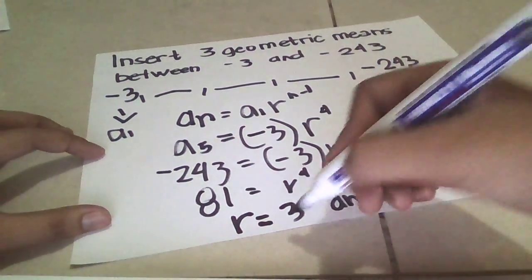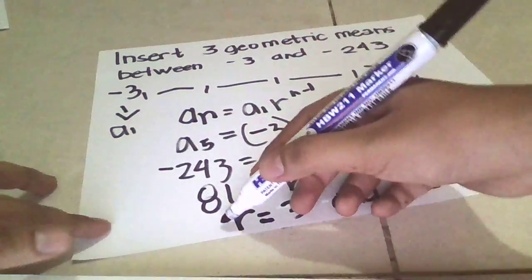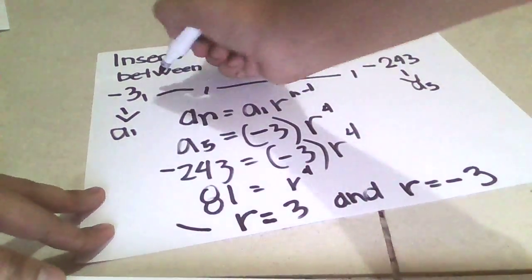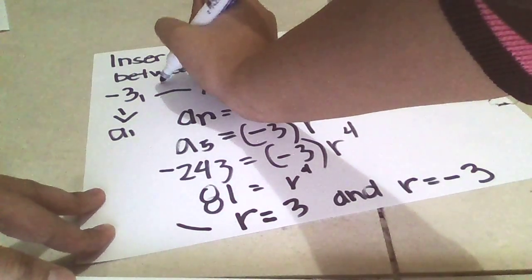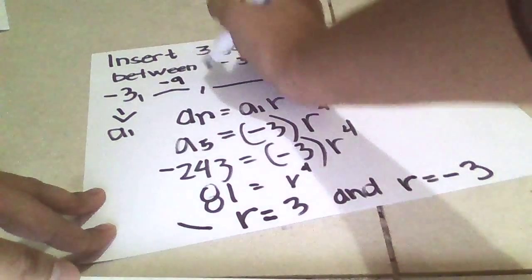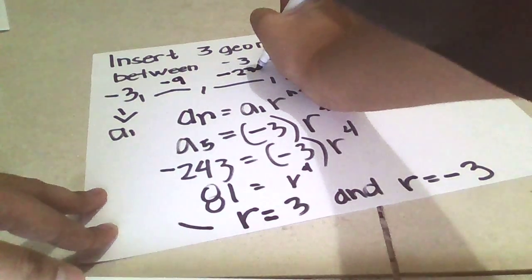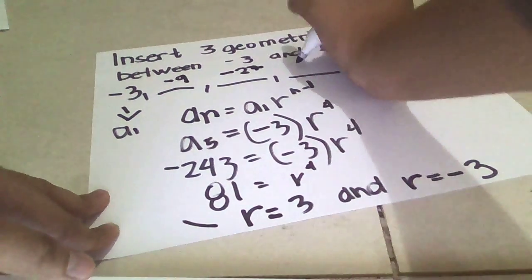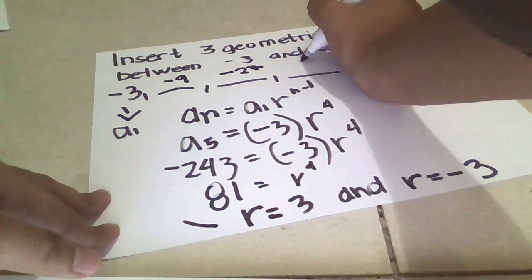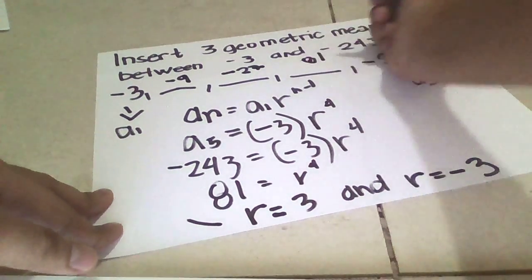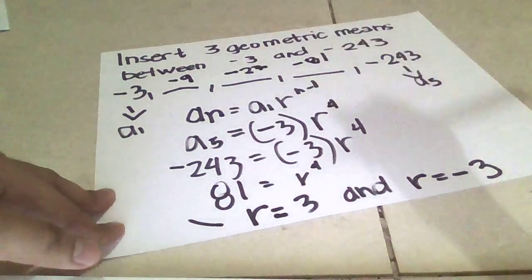So using r is equal to 3, you're gonna get an answer of -9, -27, and -81.